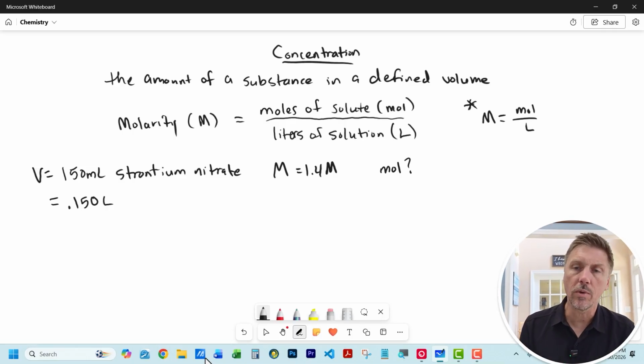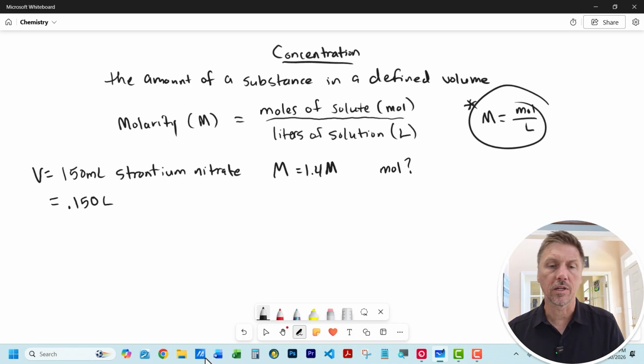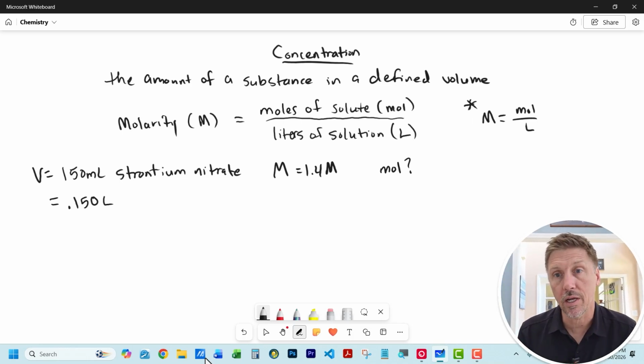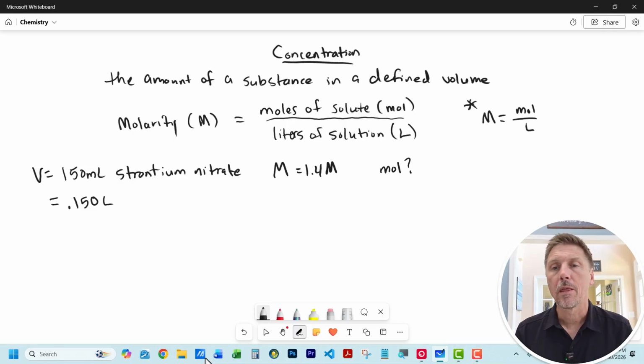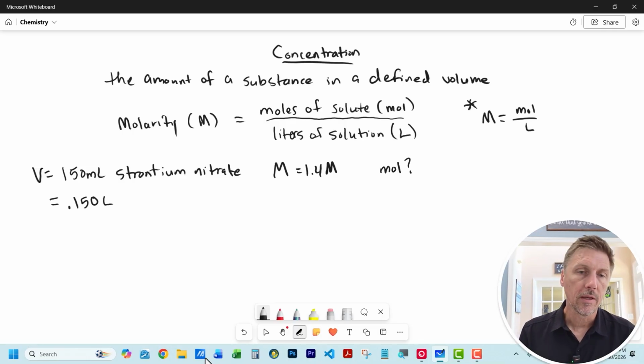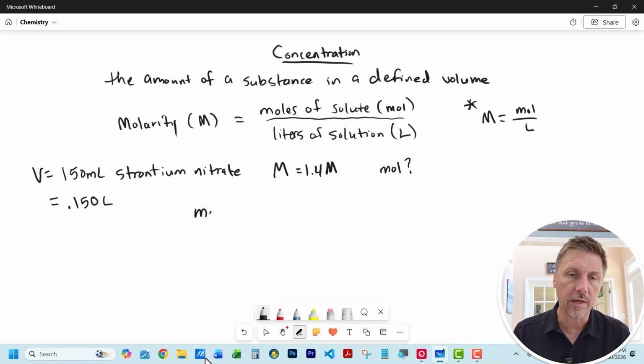I'm going to rearrange this equation and solve for moles. And so what would I do? A couple of ways you can think of that. You can think of it as cross multiplying. Or to get rid of the L on the right side, you can think of it as multiplying both sides by L. You'll get the same result either way. You'll get that moles are equal to the molarity times the number of liters.